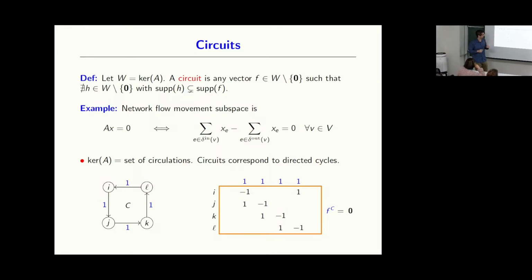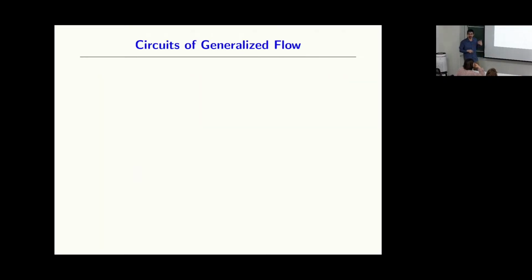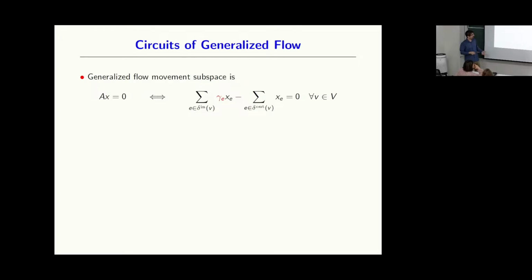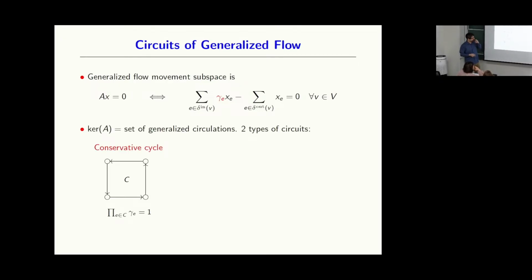That's basically the perspective. And so what happens in generalized flow? In generalized flow, you have these gain factors, and you have 2 different types of circuits. One is the same circuits as before in disguise. These are the circuits where if I try to send the equivalent of 1 unit of flow around the cycle, the same amount of flow comes back as what left.